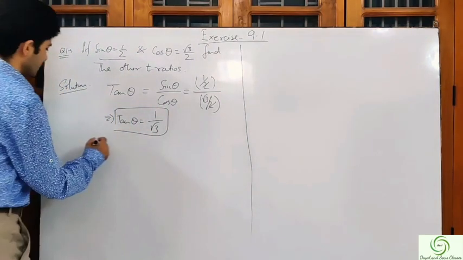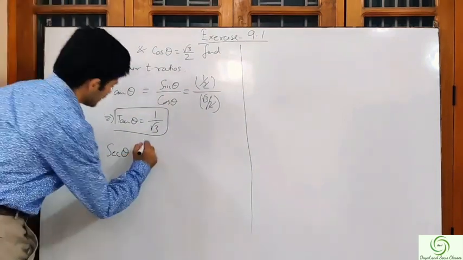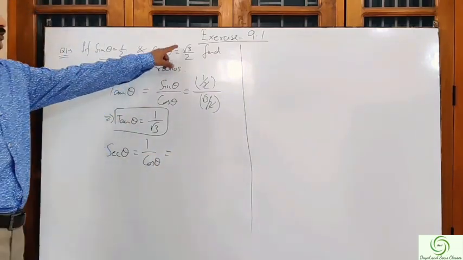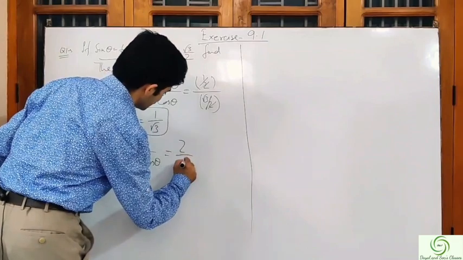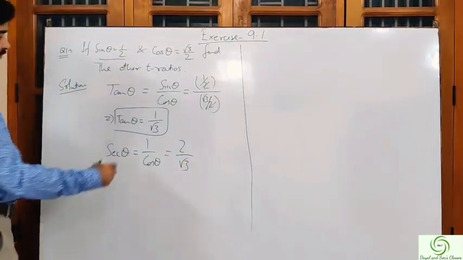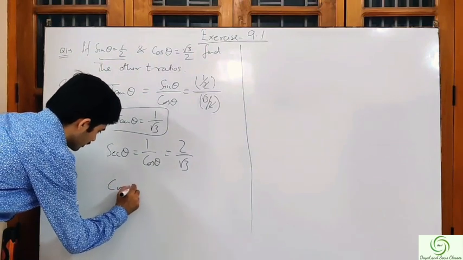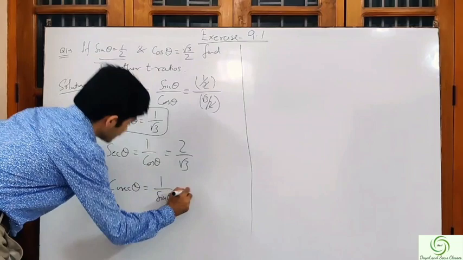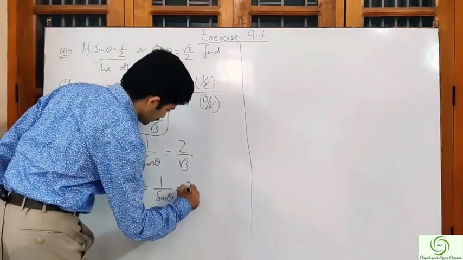Now sec theta, we know it is equal to 1 upon cos theta. Cos theta is root 3 by 2, so 1 upon cos theta will be 2 upon root 3. Cosec theta is equal to 1 upon sin theta. Sin theta is 1 by 2, so 1 upon sin theta will be equal to 2.